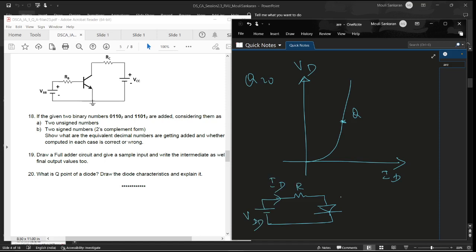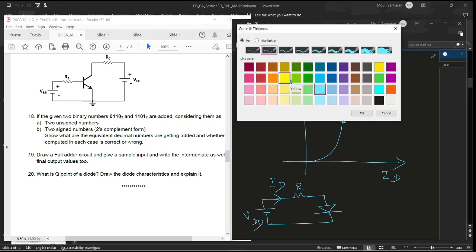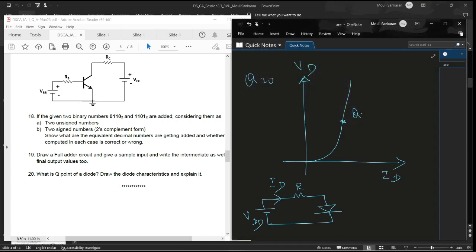Now, what is the point? Suppose I have not explained the load line in my classes, but for completeness' sake, because B section has been told about this, let me talk about that in case it makes sense, just to understand what is happening as a load line. So, load line is nothing but the circuit which is feeding the diode, the bias circuit, biasing the diode.